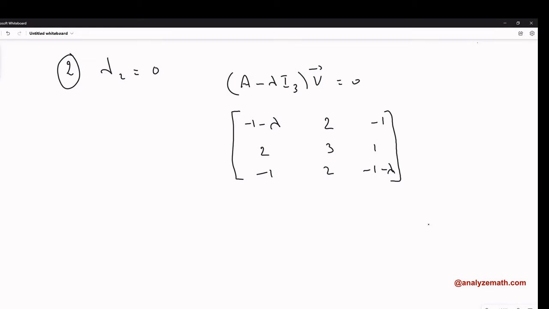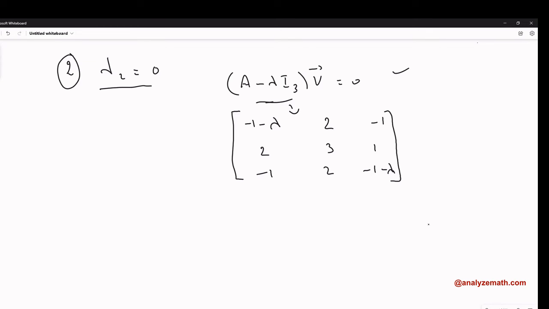Now let's go and find the eigenvector corresponding to the eigenvalue lambda 2 equal to 0. So again, the same equation to solve, and A minus lambda I3 is this matrix here.